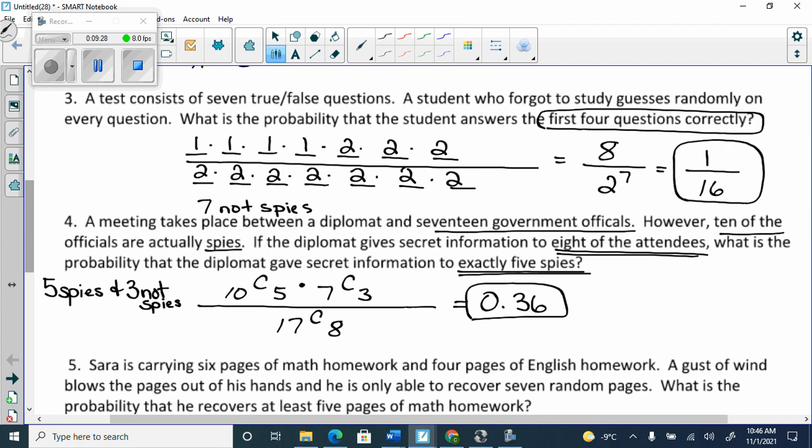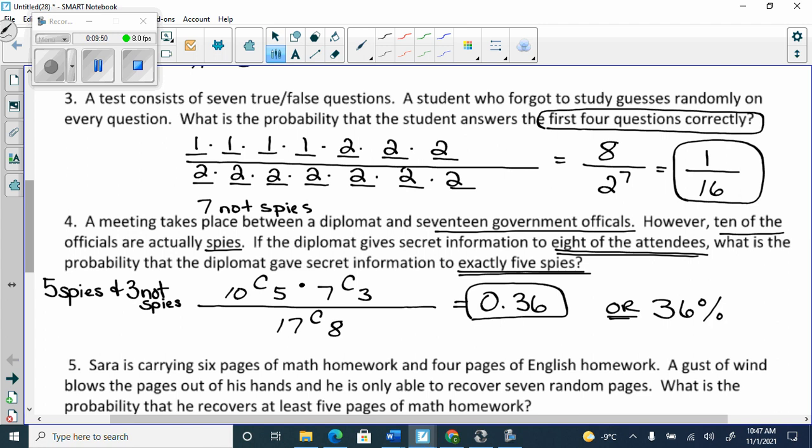What if it said to the nearest whole percent? What would I do? Take that answer and times it by 100. And I get 36%. Which one's correct?